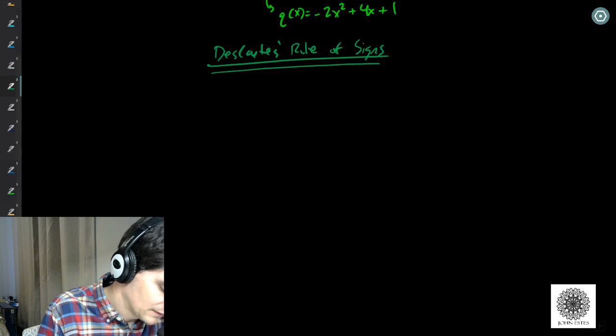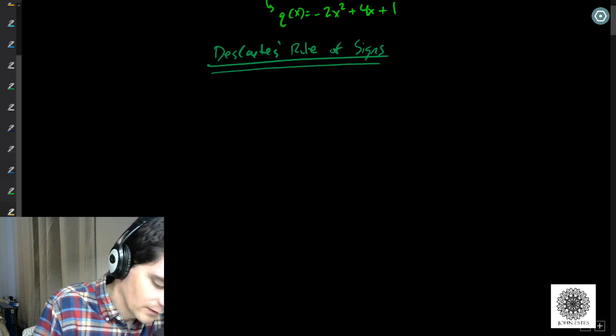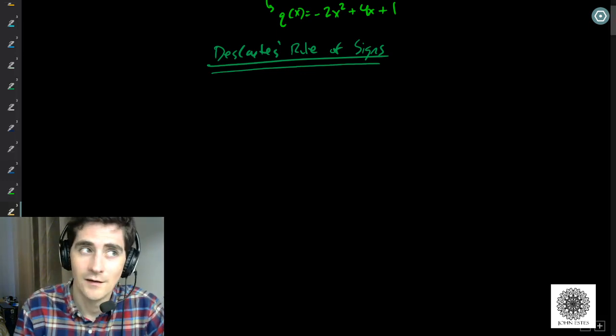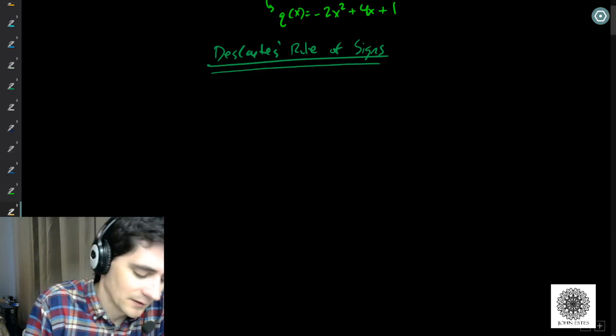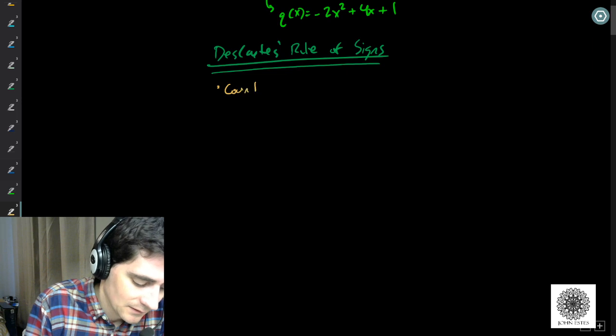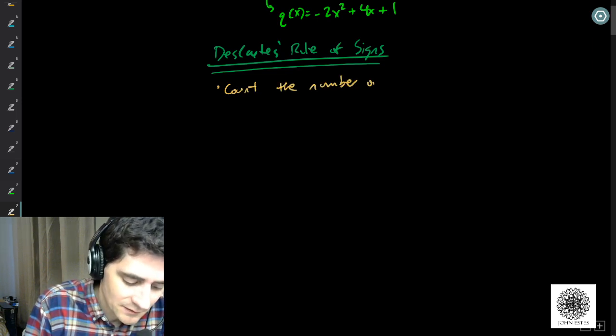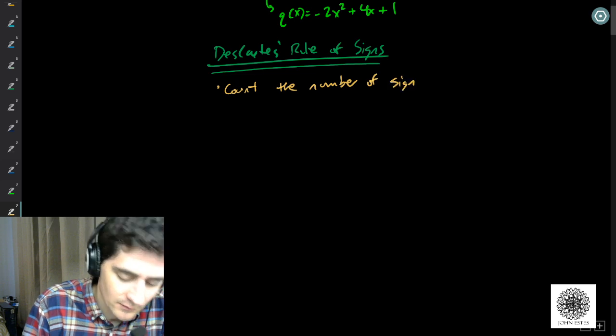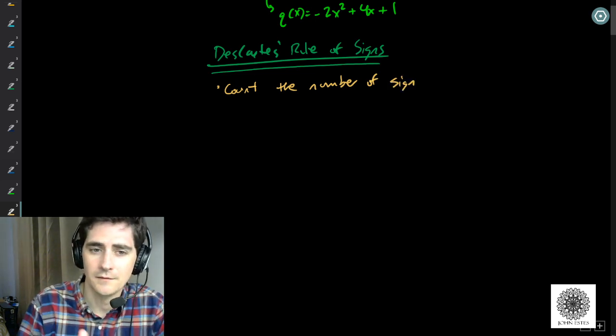And so this is about, we make use of counting changes in sign. Okay, so let me write that out. We're going to count the number of sign changes. What do I mean by that? Positive to negative, negative to positive.